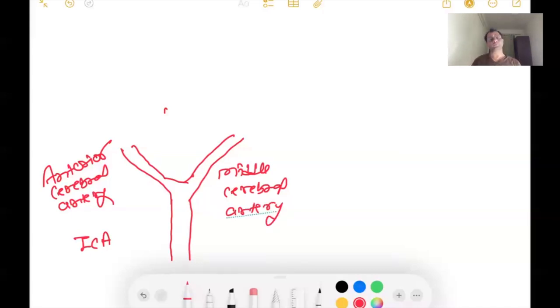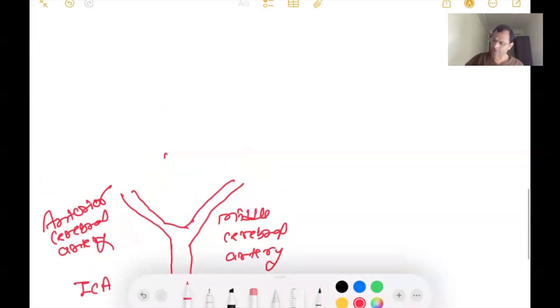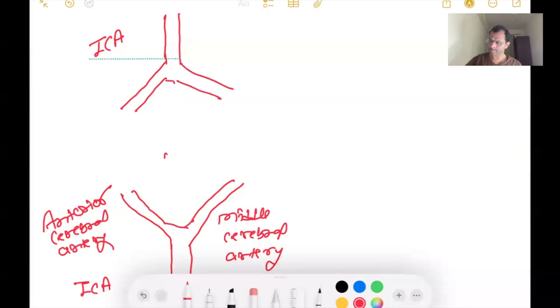In the same way on the other side, suppose this is the left side. On the right side also there is one big artery coming, that is the internal carotid artery. It also divides into two branches, the anterior cerebral artery and the posterior cerebral artery, because this is both sides.